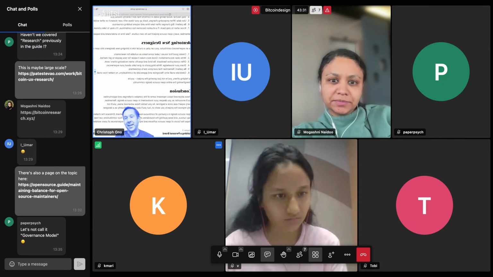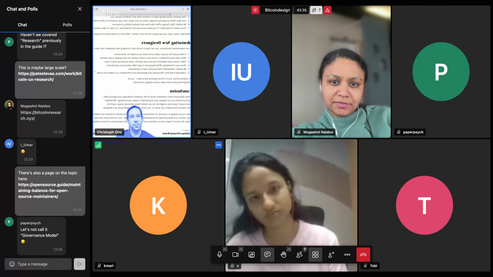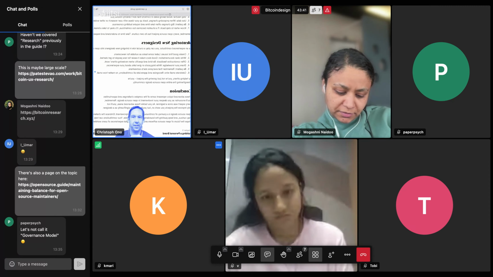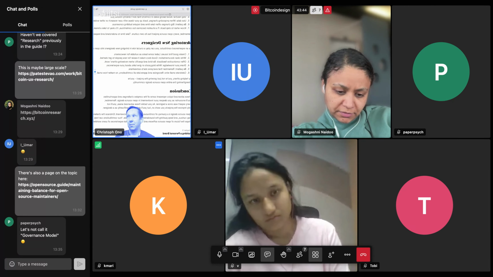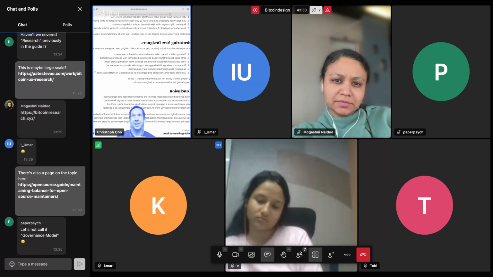So to be honest, I have not found a good answer for that. I think this might be easier for developers, where it's like, oh, this function here has a bug, and you just need to fix it by writing a little bit of code. The Bitcoin Design Guide is highly complex, right?